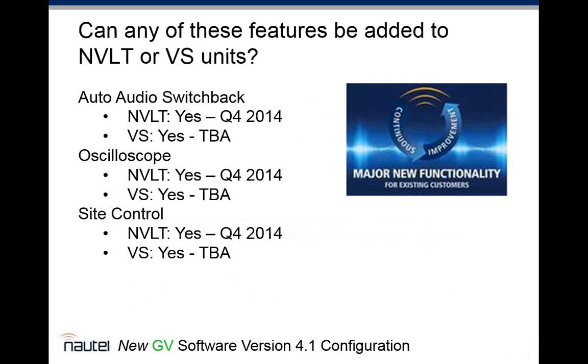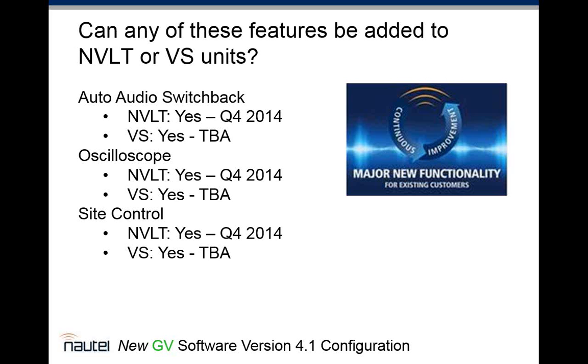Now the question that a lot of people are asking is, which of these new features can be retroactively added to an existing NV Lite or VS unit? And the most important 3 features that are not hardware limited, for instance, the smart HD spectrum efficiency optimizer doesn't work on an NV Lite, which is an analog transmitter.